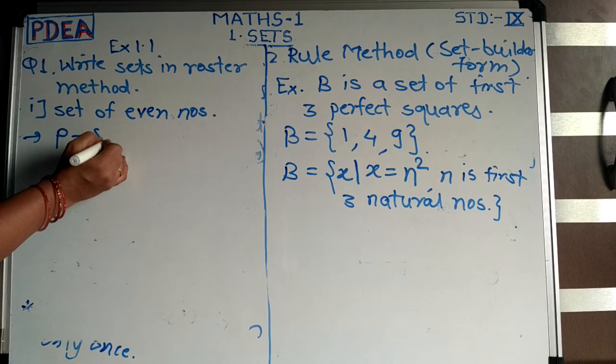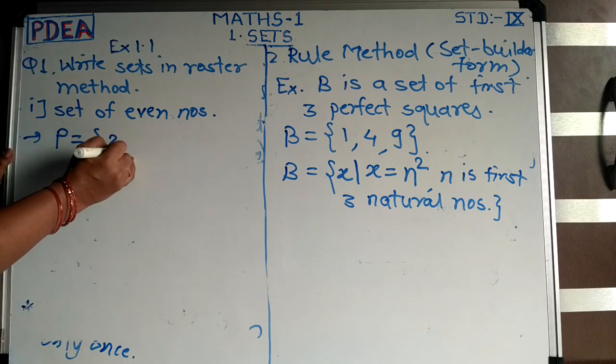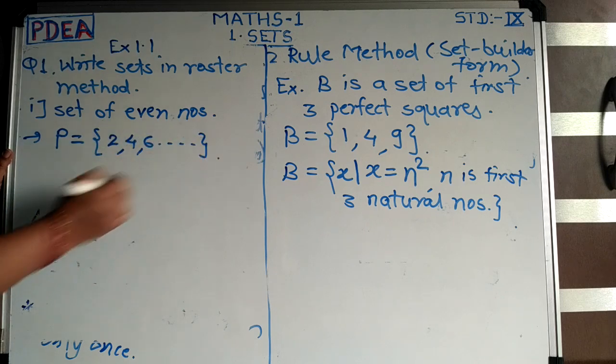And which are the elements? Even numbers. Which are the even numbers? Numbers that are multiples of 2. Which are they? 2, 4, 6 and so on.